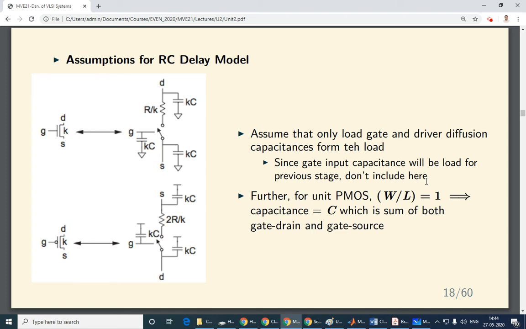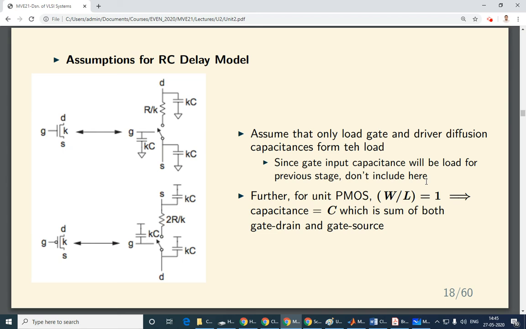Now, it's one of the simplest delay models. How do we calculate the delay? That is the question. It's very simple. Just draw the equivalent circuit, whatever it is. It might be an inverter, NAND gate, NOR gate. We'll see all those cases. We have the transistor sizes. We cannot draw the equivalent circuit without the sizes. For every transistor we have the sizes.